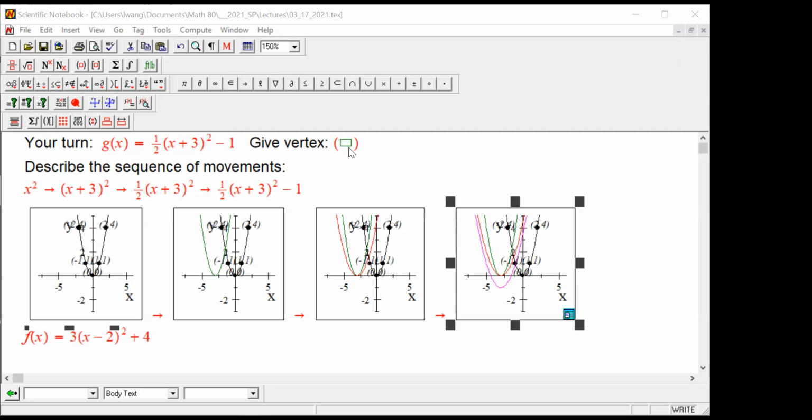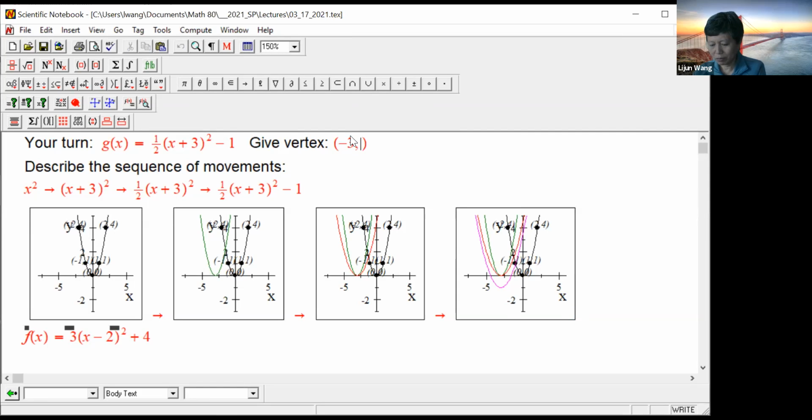Very good. You got it. Okay. -3, -1. You can see from this form, don't you?